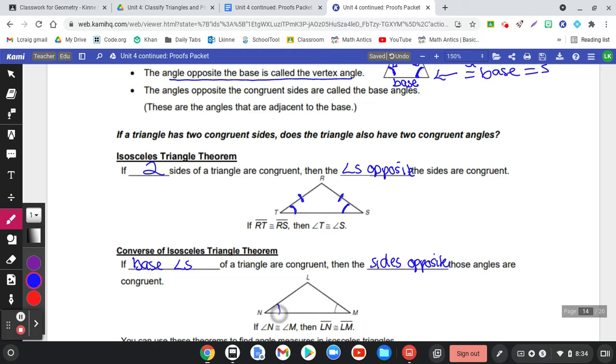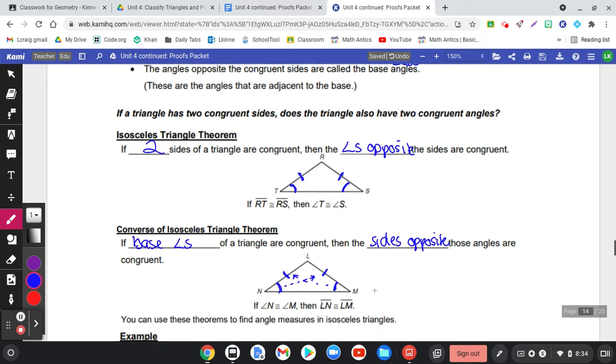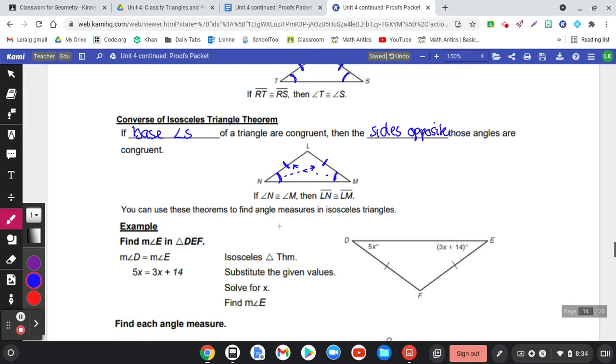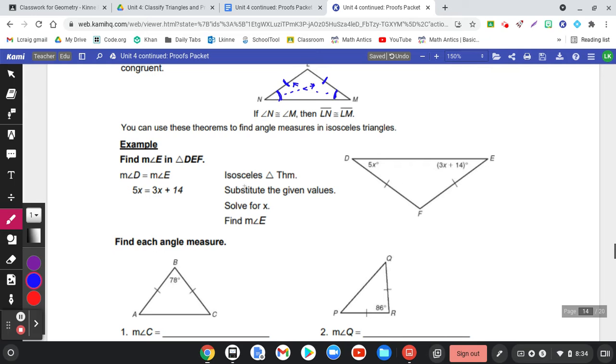So again, if I say angle N is congruent to angle M, if you were to follow it across, side LM is congruent to side LN. Okay? All right, so we'll use those later on in the proofs. And again, we can just say definition of an isosceles triangle, or you can write it out. But let's first use this information.